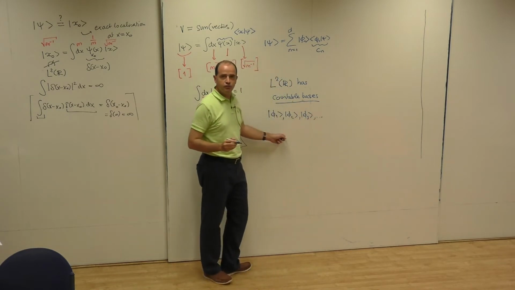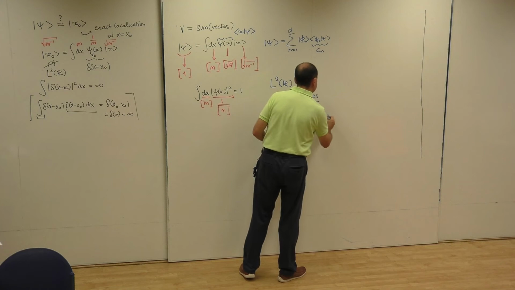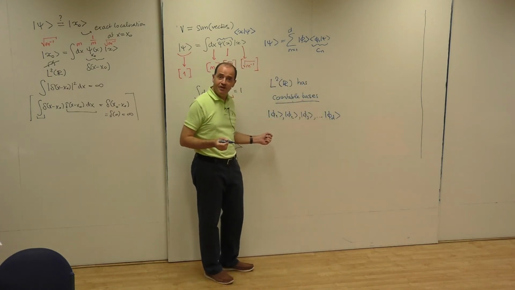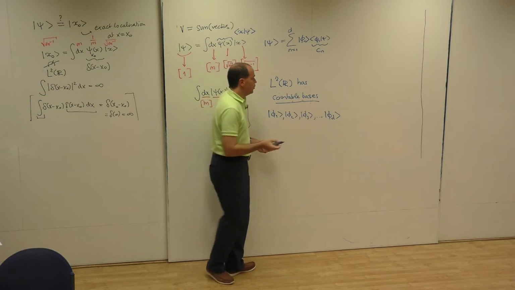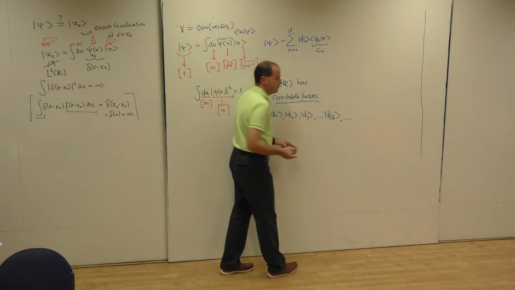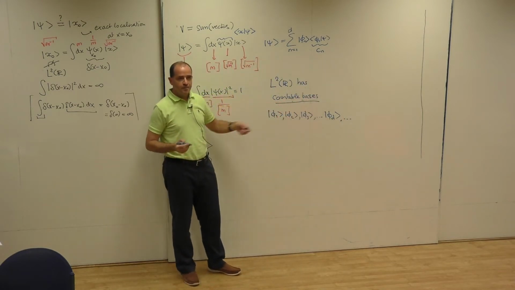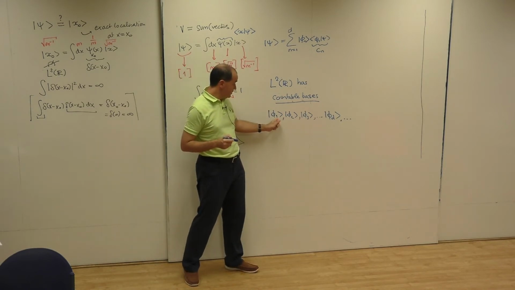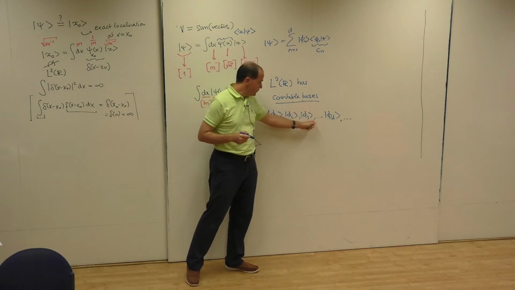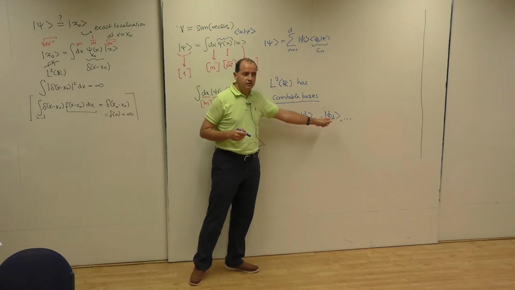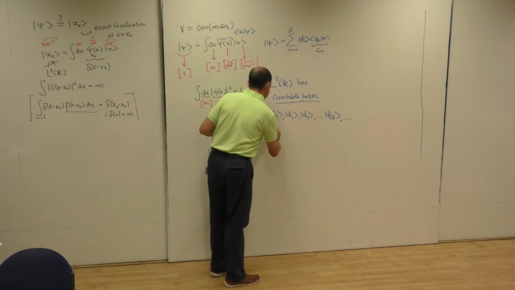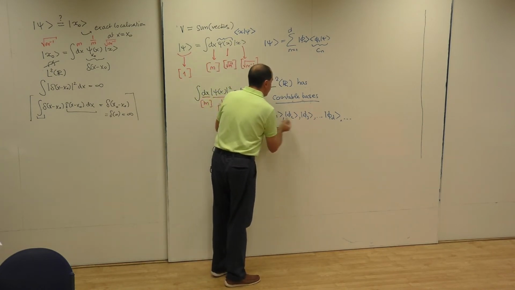It's just that instead of stopping at phi d, which would be the basis for a finite dimensional system, it never stops. And it continues. There are infinitely many, but it's countable in the sense that they're indexed by the natural numbers, 1, 2, 3, 4, 5, and so on. And these are proper bases. So proper vectors.